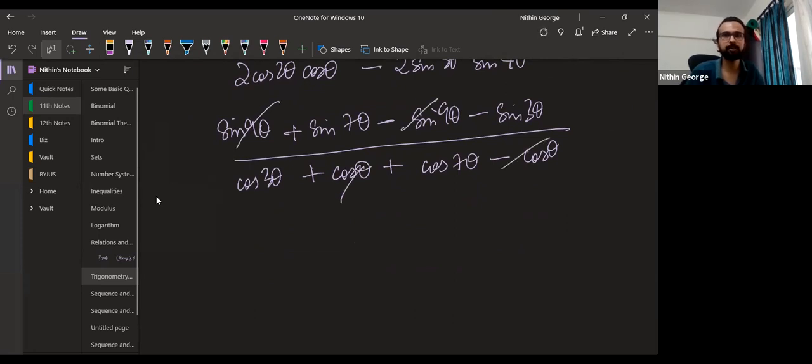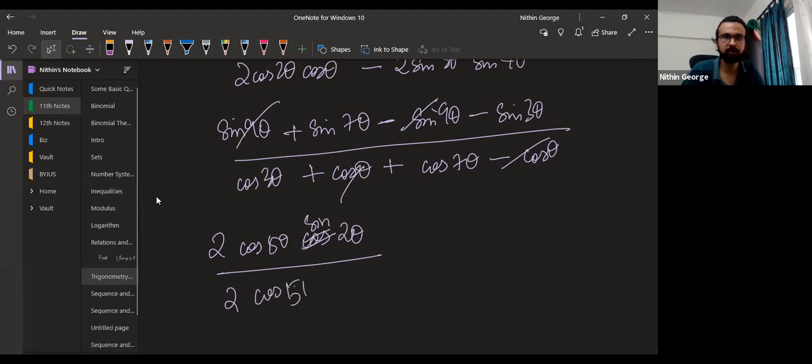Sin 7 theta minus sin 3 theta would be 2 cos 5 theta sin 2 theta. Then cos 3 theta plus cos 7 theta would become 2 cos 5 theta cos 2 theta. Cos 5 theta cancels out. I'm left with tan 2 theta.